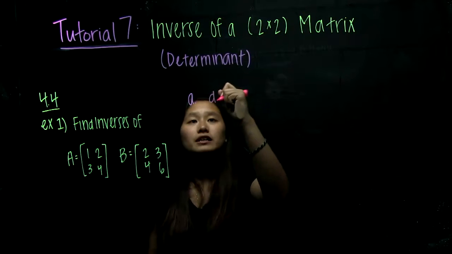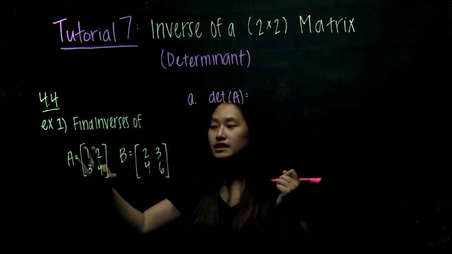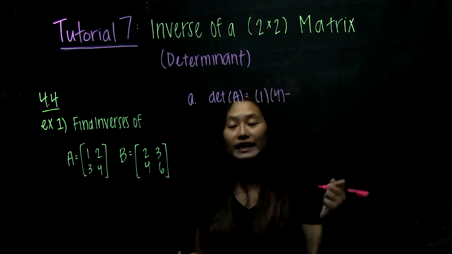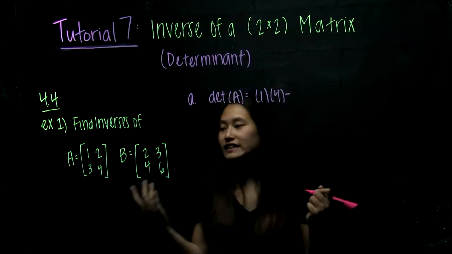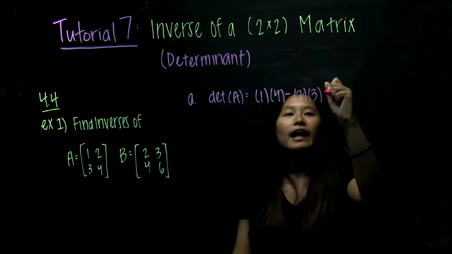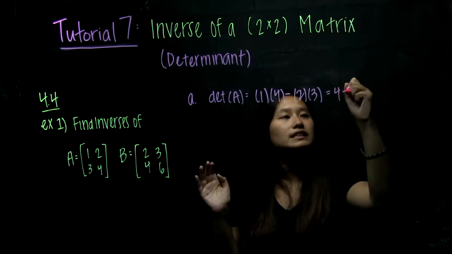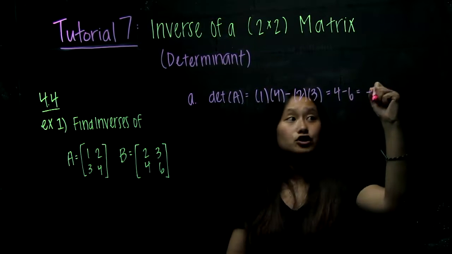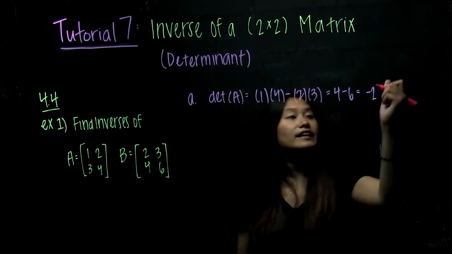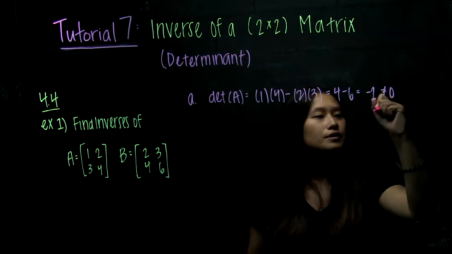So the determinant of A is equal to A times D, which in this case is 1 times 4, minus B times C, which in this case is 2 times 3. And here we can see that this means that the determinant of A is 4 minus 6, which is equal to negative 2. Now that we know that, we can see that it is unequal to 0, meaning that A is invertible.